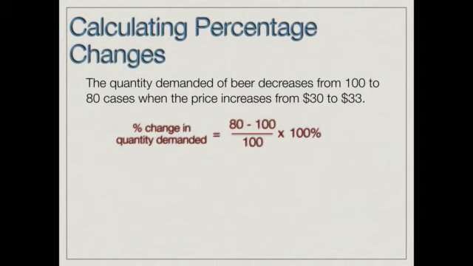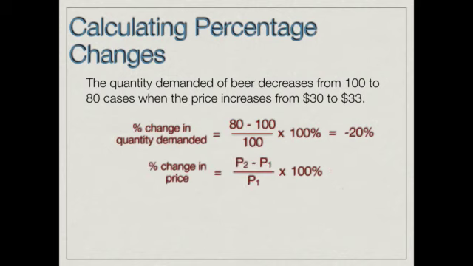We calculate that out, and we see that the percent change in quantity demanded is a decrease of 20%. We do the same thing for the percent change in the price. We insert the new price, which is 33, subtract off the original price and divide by the original price. That gives us a 10% increase in the price.